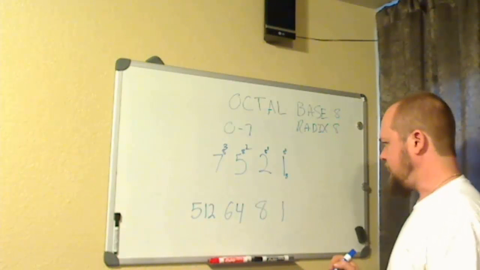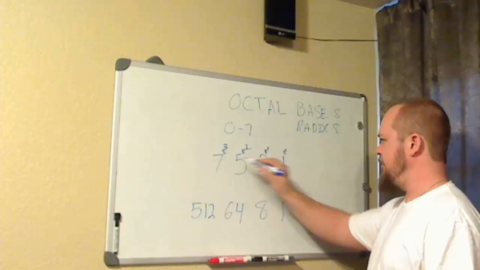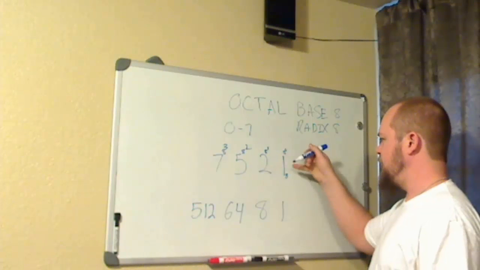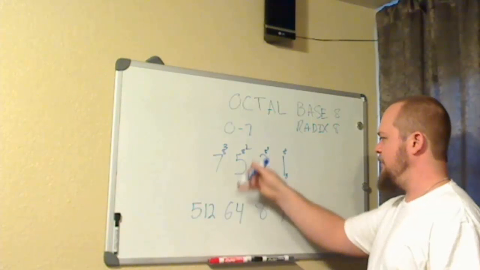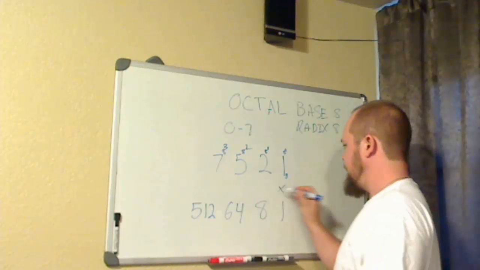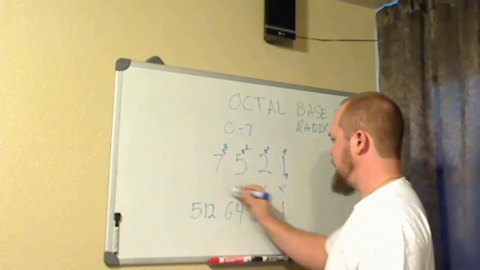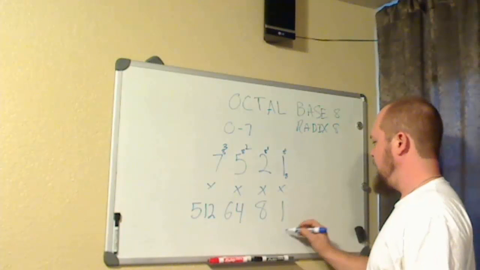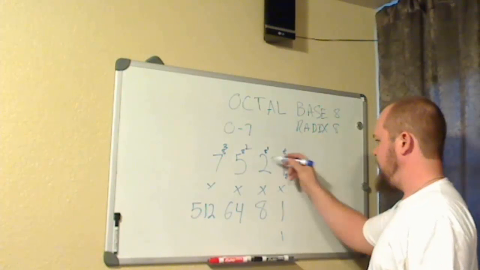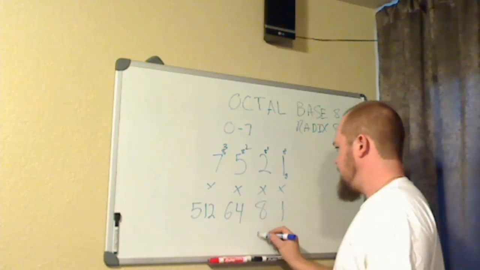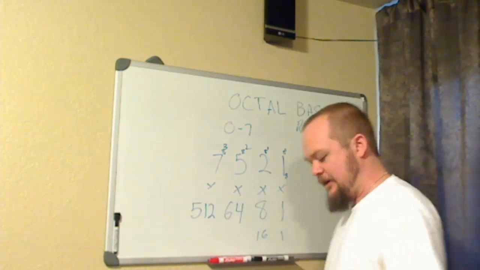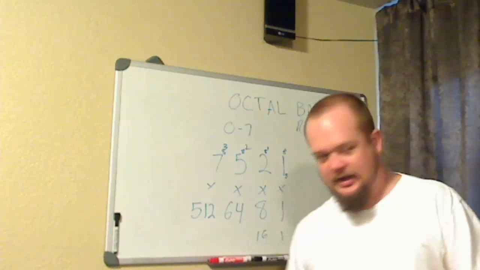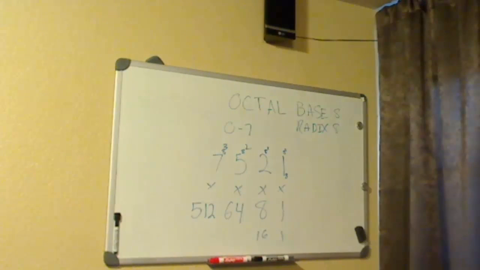Now, if we take each one of these digits and multiply them by their corresponding positional weight, we have 1 times 1 is 1, 2 times 8 is 16. I'm going to grab a calculator.